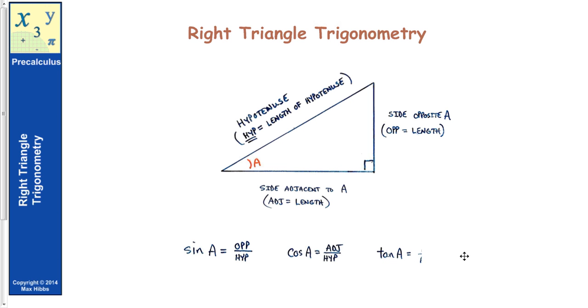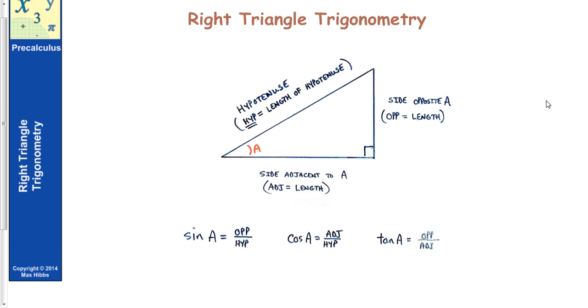Now, because of the relationship between tangent of an angle being the sine of an angle divided by the cosine of an angle, it's not difficult to show with the definition of sine of A and cosine of A that the tangent of A ends up being the ratio, which is the length of the side opposite of A divided by the length of the side adjacent to A. Now, we could do this just by performing the division of these two fractions, but we'll remember that definition.